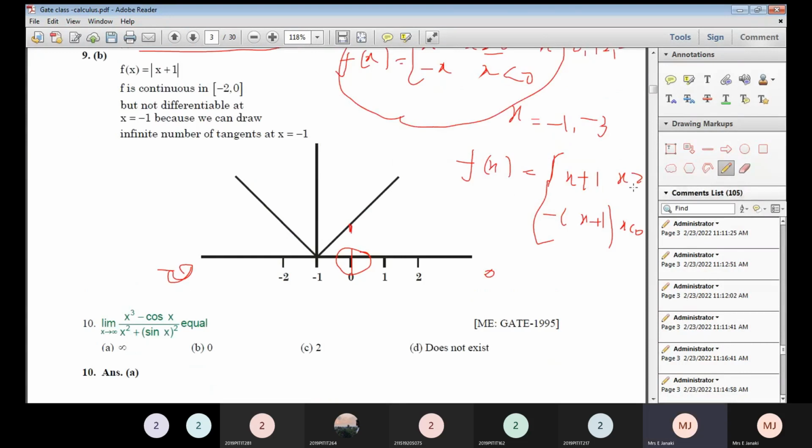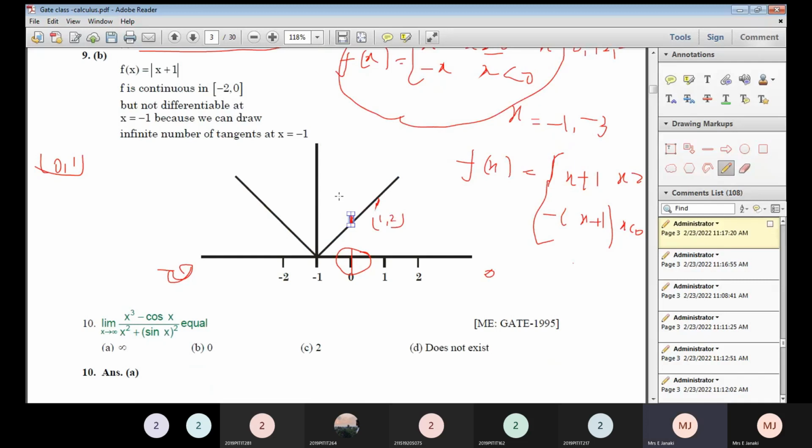Now I'm substituting x greater than or equal to 0. First of all, put x equal to 0, we get the value 1. So the first point is 0, 1. Mark the point 0, 1. Then put x equal to 1, substitute, y is equal to 2. So this point is 1, 2.